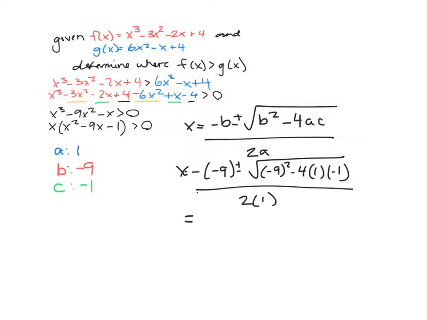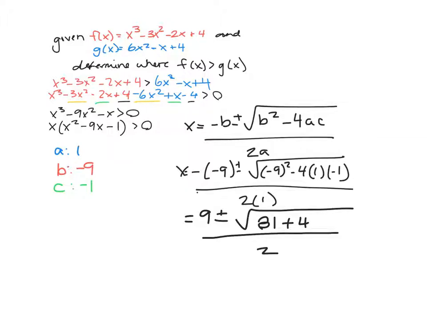So negative 9 is just equal to 9 plus or minus, remember, square root of, we have 81 minus, so 4 times 1 times negative 1 gets us negative 4. Negative times negative 4, so we're going to end up adding 4, all divided by 2. So just to save room, I'm going to erase what is under that square root and rewrite it. So 81 plus 4 gets us 85.